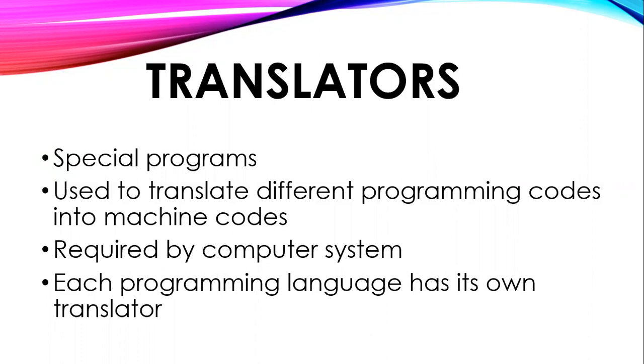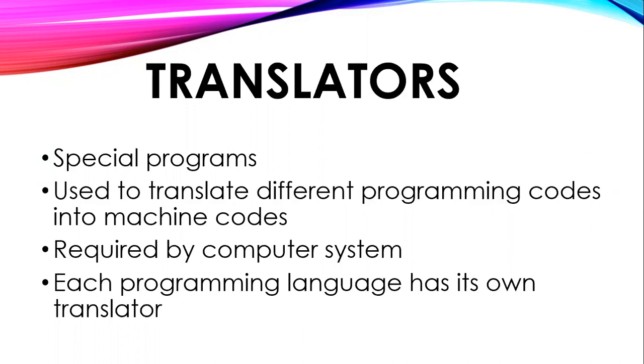Otherwise, it is not going to be processed. Keep this thing in your mind. Everything that is being entered by the computer operator into the computer system must be converted into machine codes, either binary or hexadecimal. Otherwise, it is not going to be processed.